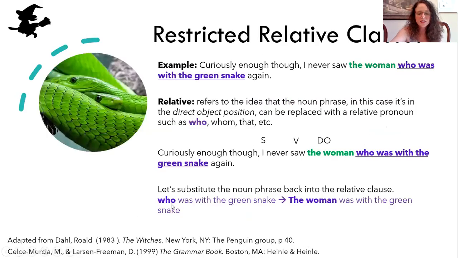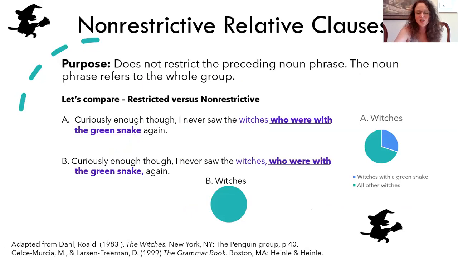So looking at this, if I look at the subordinate clause, who was with the green snake, and I substitute that noun phrase that it describes in the position of the subordinate pronoun, if I can do that, then I know for sure I am working with a relative clause. And that's how you can identify this relative clause, or any relative clause.